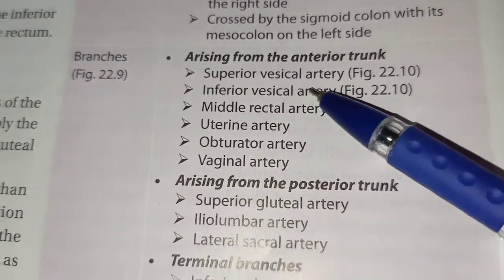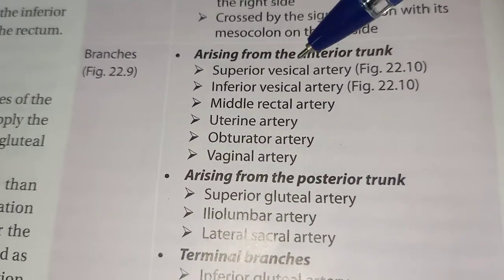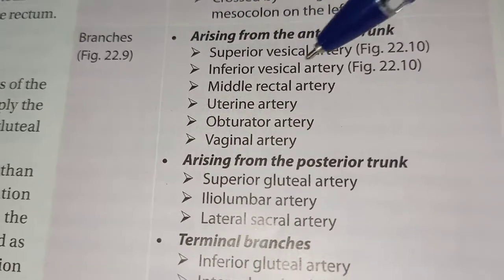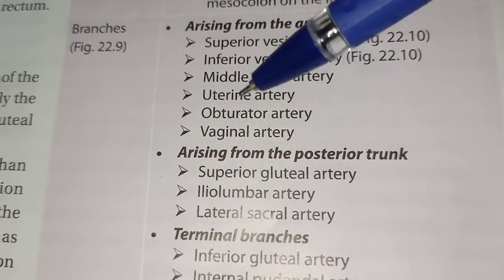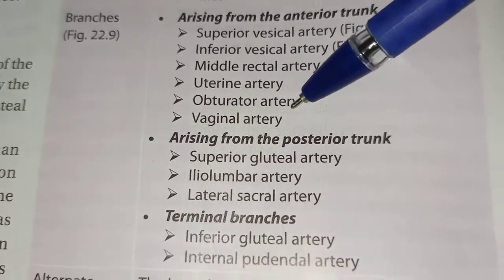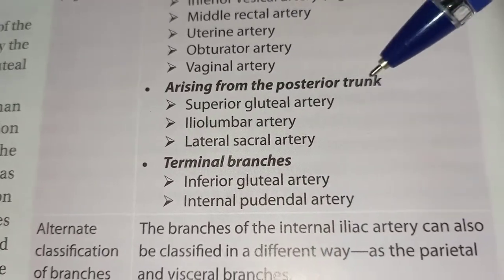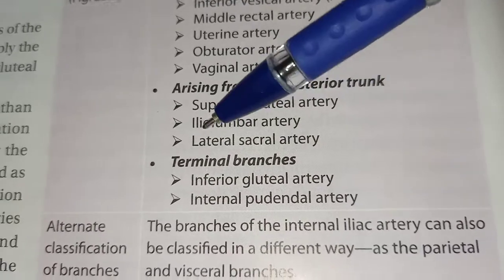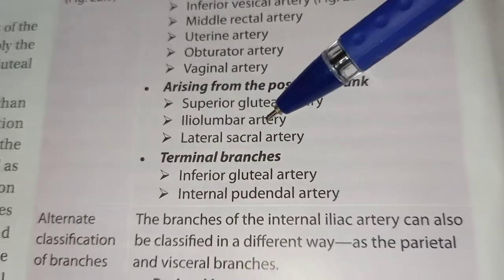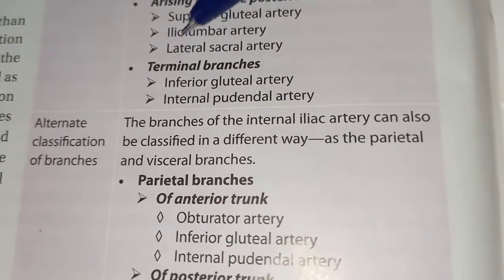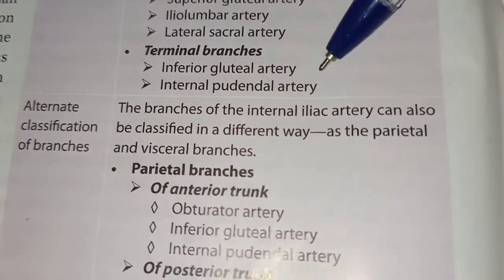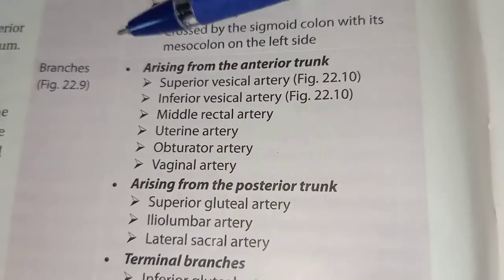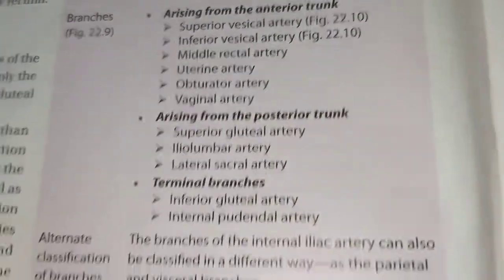So branches of anterior trunk are superior vesical artery, inferior vesical artery, middle rectal artery, uterine artery, obturator artery and vaginal artery. Arising from posterior trunk are the superior gluteal artery, iliolumbar artery and lateral sacral artery. The terminal branches are the inferior gluteal artery and the internal pudendal artery. Okay, so all this you have to remember.